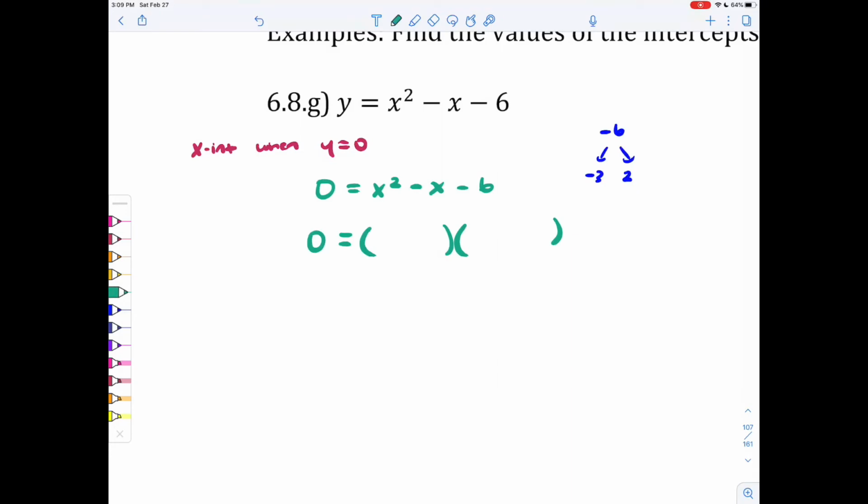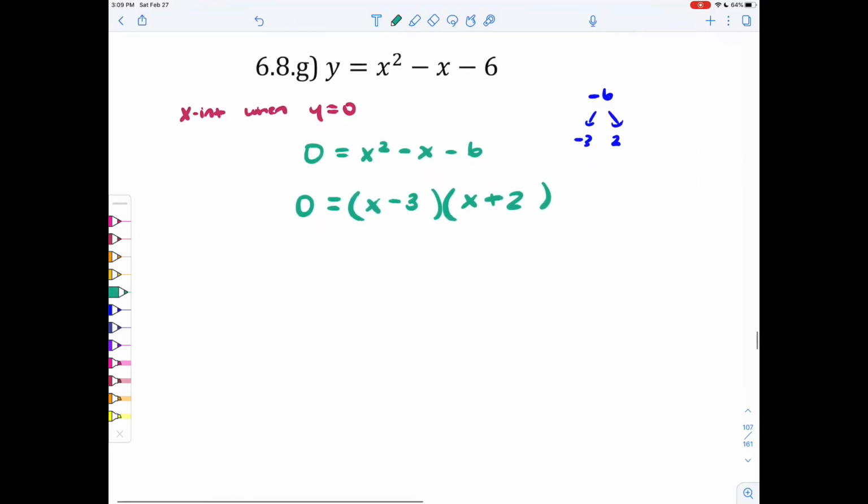I can factor by decomp, but knowing that my a value is 1 here, I know that those factors that I find are actually just going to be easily inserted into my factored form. So I have x minus 3, x plus 2 as a factored form. Now, I need to solve for x. Well, because I have two things multiplying to give me 0, I could say, well, either the first one is 0 or the second one is 0, and I could solve for x in both of those cases.